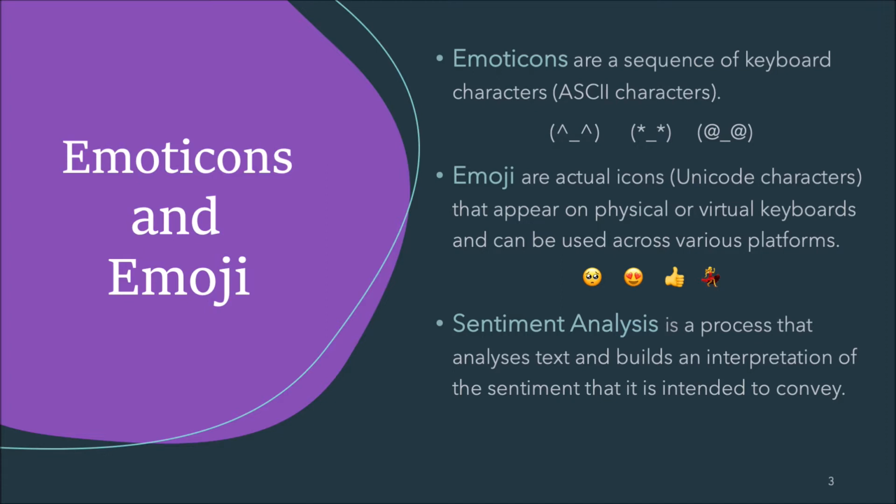In practice, emoji are actual icons that appear on physical or virtual keyboards and can be used across various platforms, such as WhatsApp, Twitter, Facebook, Instagram, and others. These icons can represent facial expressions, body language, food, animals, places, and other natural objects like flowers and trees.